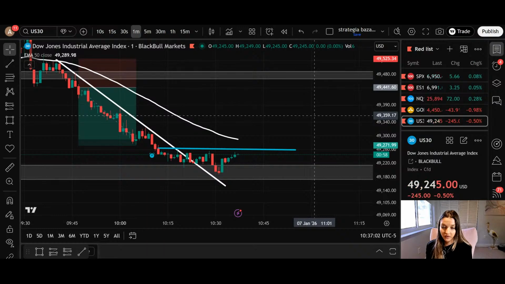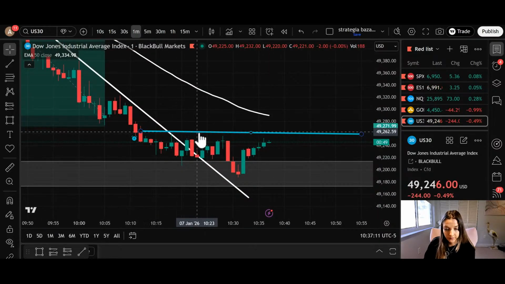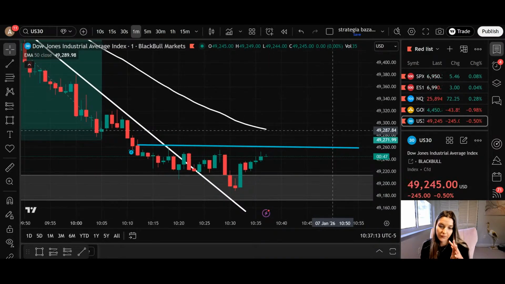Let's wait for a confirmation. Let's break the consolidation. This one here. And probably it's gonna break the EMA. I will be waiting to break the EMA too, because it's very close. Let me see.